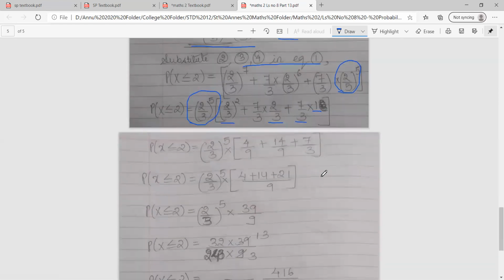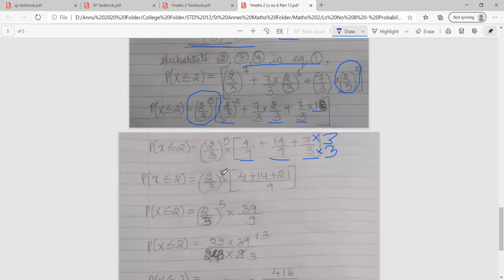So now I'll make the denominators common inside the bracket. As you can see, I've got 4 by 9, 14 by 9 and 7 by 3. So I'll multiply and make the denominator common. I'll multiply 3 into 3 and 7 into 3. So 7 threes gives me 21 and I've got the common denominator 9.